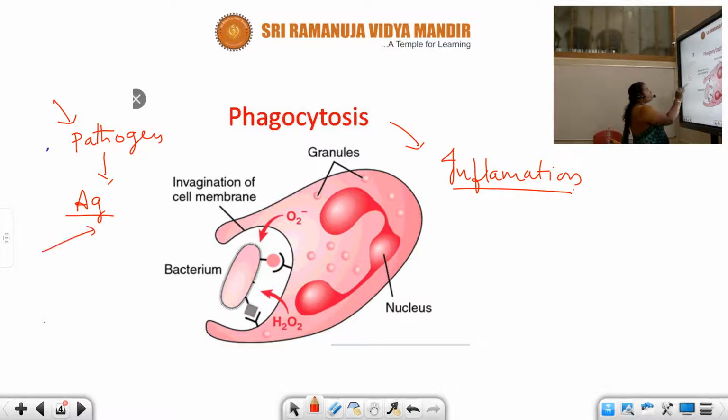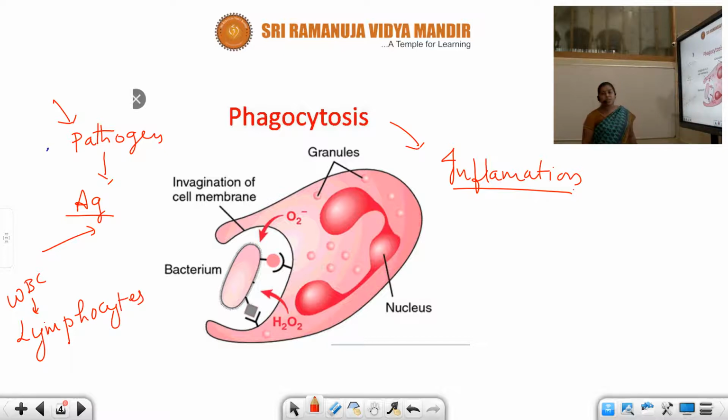This antigen is immediately noticed by the WBC, and especially in the WBC we have lymphocytes. Lymphocytes are agranulocytes, one of the types of WBC or white blood cells. These lymphocytes produce antibodies against the antigen. These antibodies are the fighters produced by the lymphocytes.